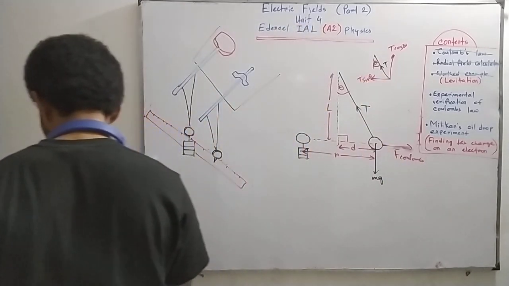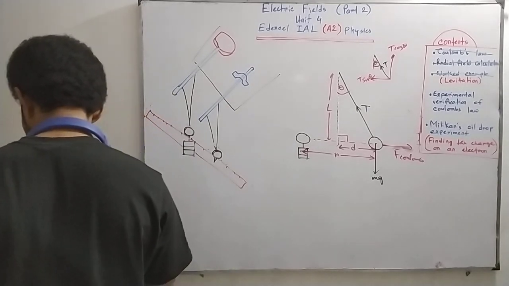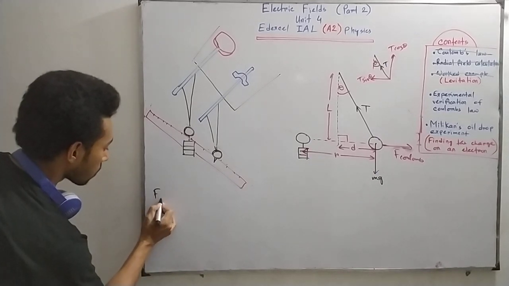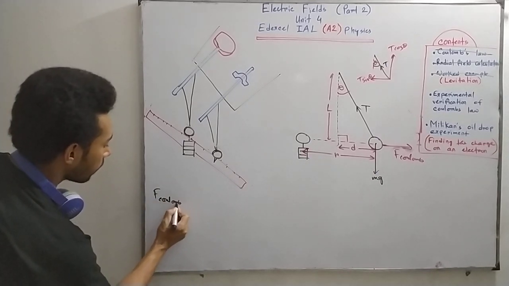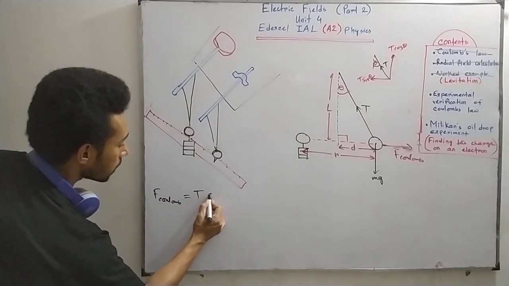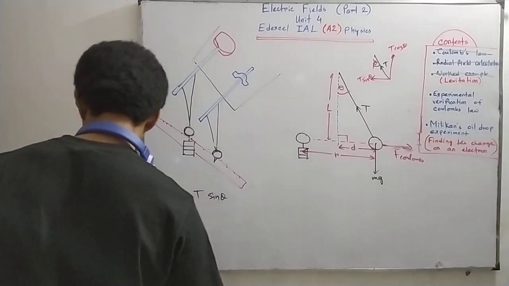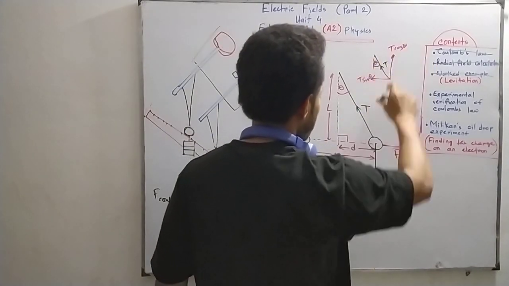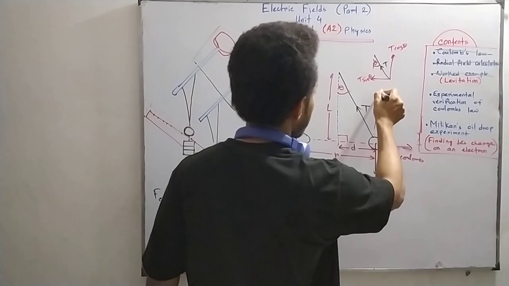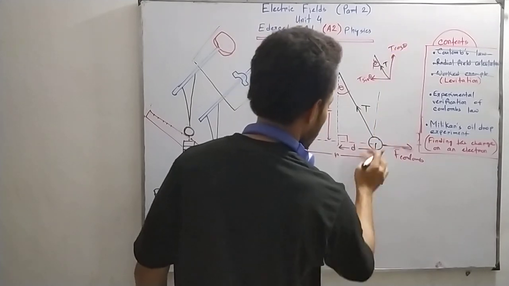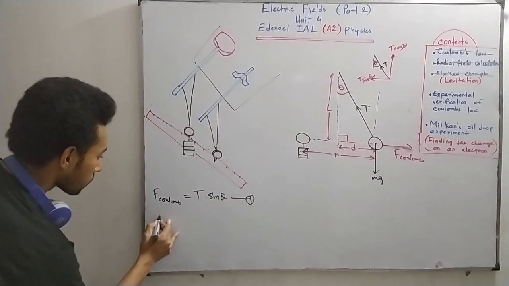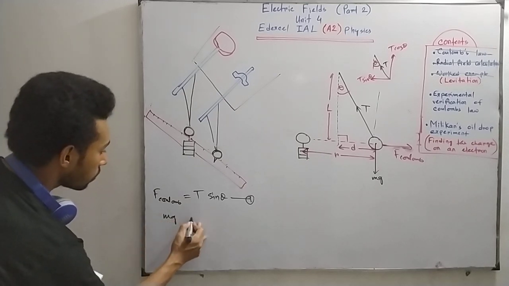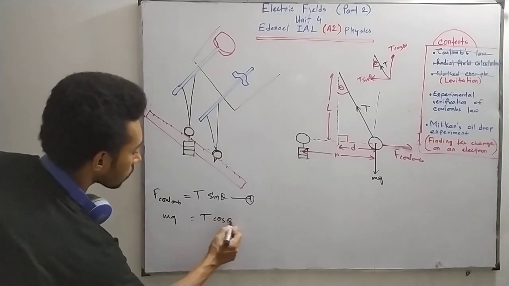So we can write F Coulomb is equal to T sin theta. And the vertical component of the tension, T cos theta, is balancing the weight. So we can write mg is equal to T cos theta.